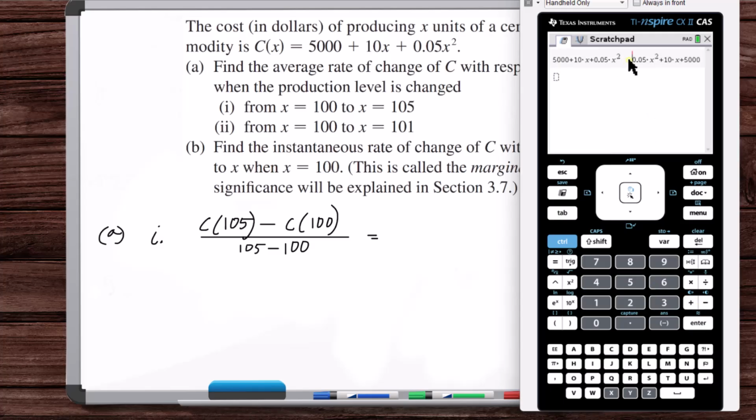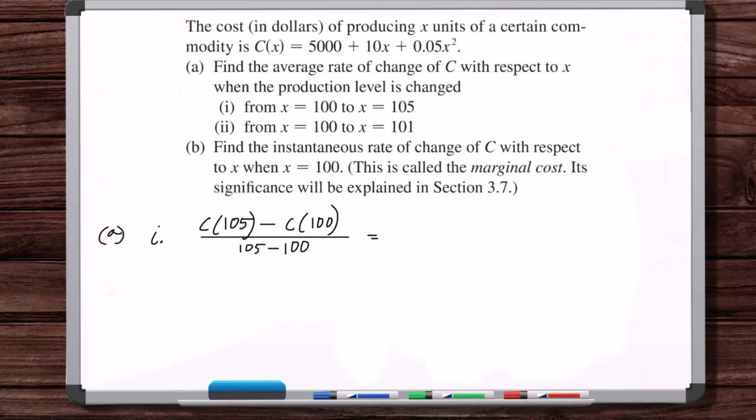Let's save this as equation E. Now E with X equal to 105 gives 6601.25. Now we can just do minus, and now divided by 5. So 20.25.